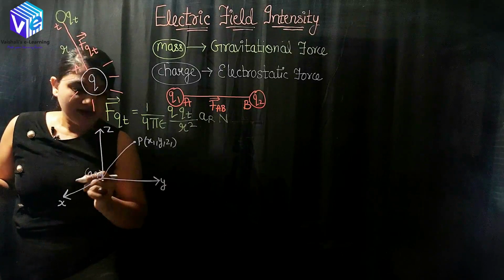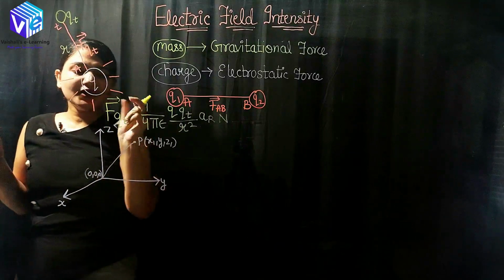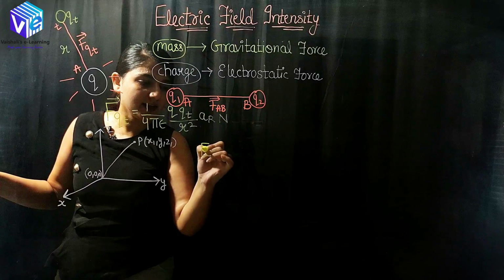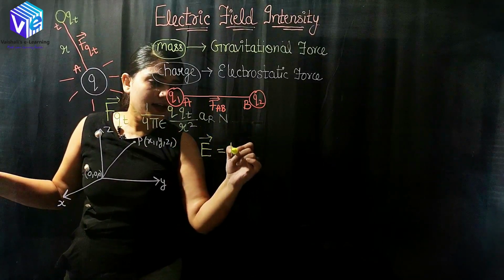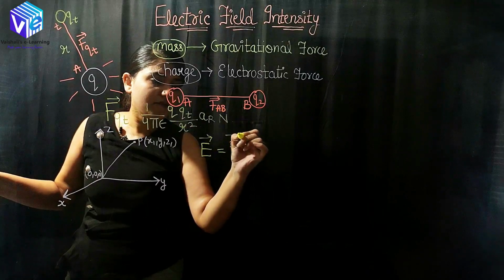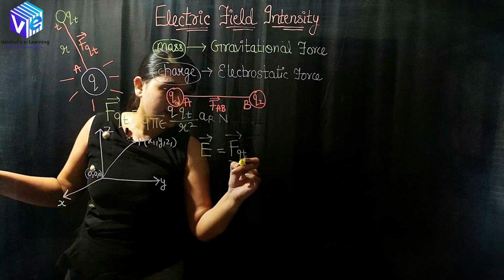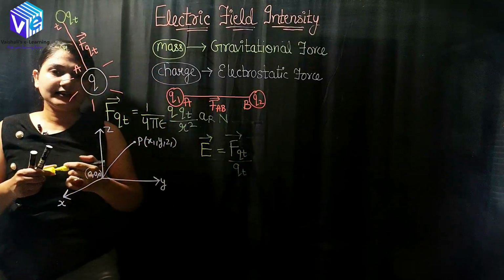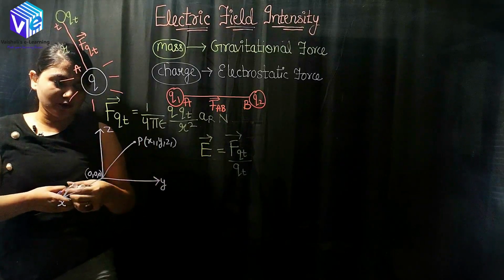The electric field intensity can be given by the force on the test charge. Electric field intensity is also a vector quantity. It is given by the force on the test charge divided by the test charge. If I have to mathematically compute the electric field intensity, I will use this formula.